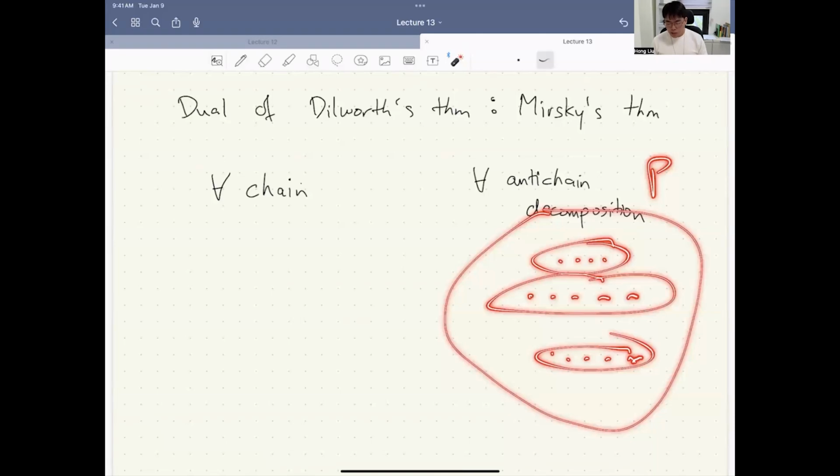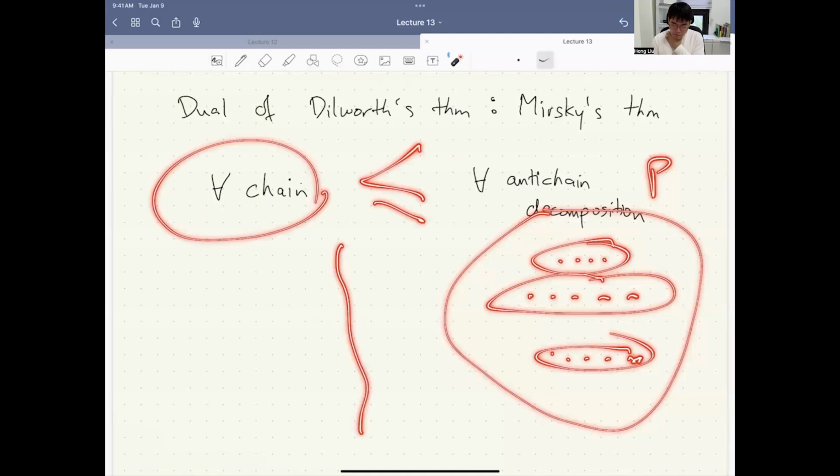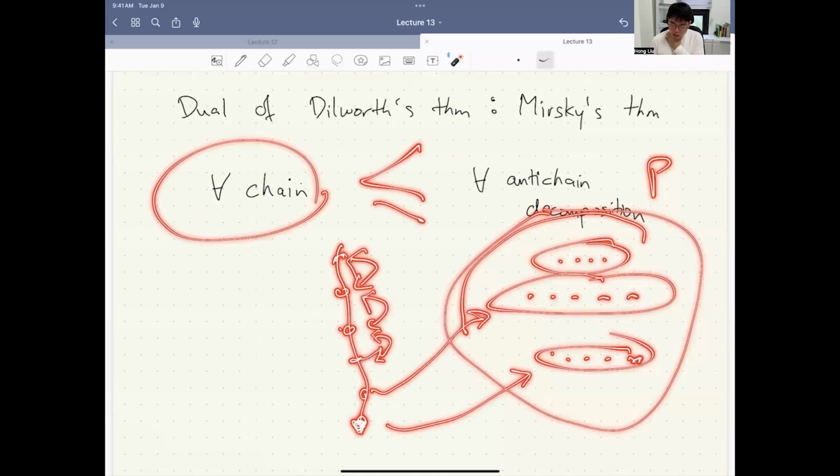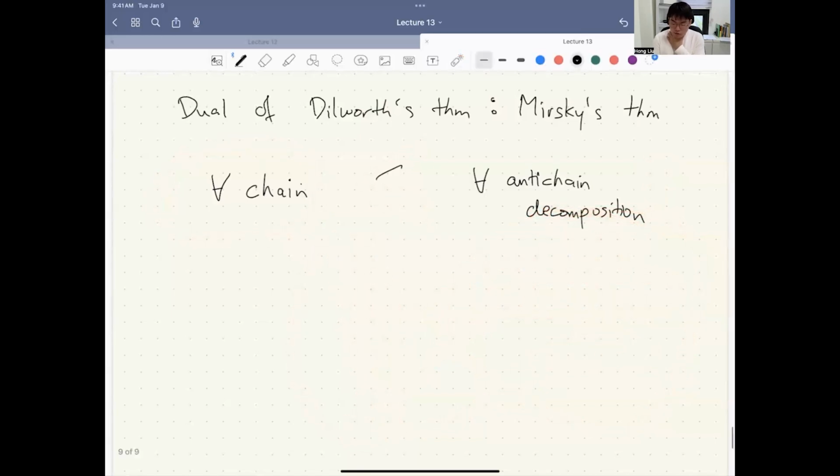We should have a simple inequality going one way. If you have a chain, it should be this way, I think. Whenever you take a chain, all the elements in the chain are pairwise comparable. So that means for any anti-chain decomposition, the elements of the chain have to go to different anti-chains, right? So that means the number of anti-chains needed to cover all elements needs to be at least the size of the chain. This is trivial.